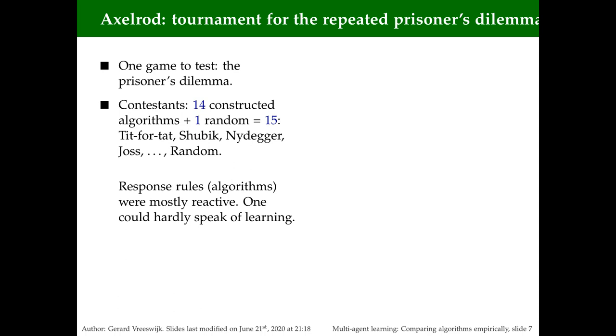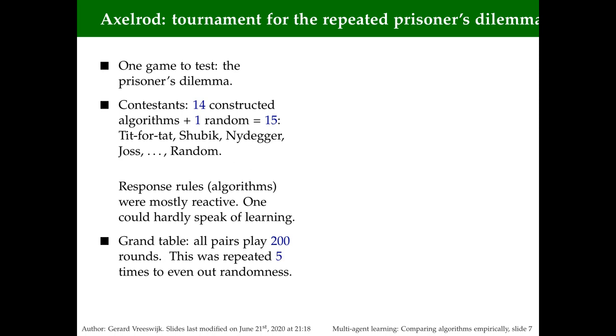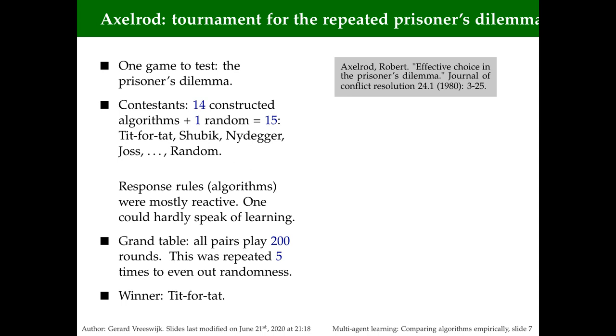Most of the response rules were not really learning algorithms, but mostly reactive algorithms, and we could hardly speak of learning. All pairs played 200 rounds in one game, and this was repeated 5 times. And the winner of this first tournament was tit for tat.